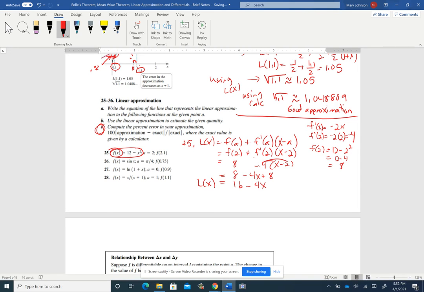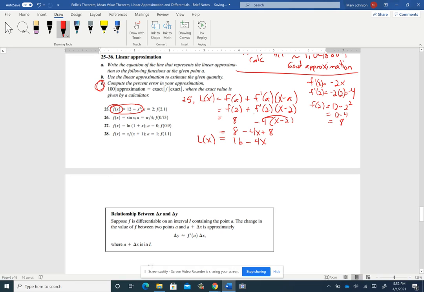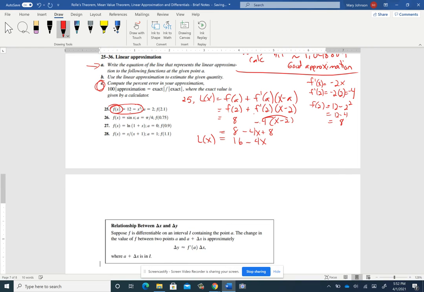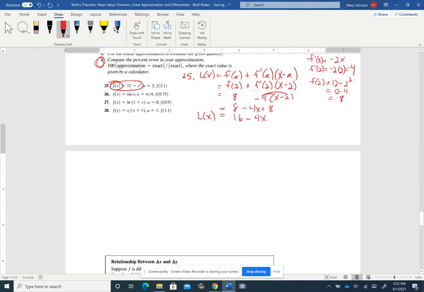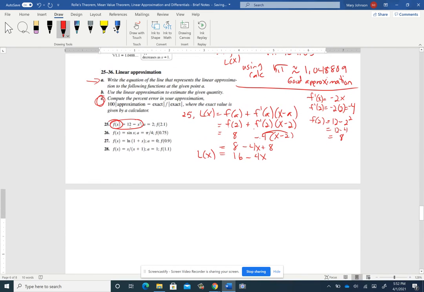Okay. All right, so now that's the end of A. Now B says, okay, well, use that approximation to estimate the quantity they're asking you for. So all that work that I did, that's all part A. So with part B, I've got to actually find an approximation for f of 2.1 using this.